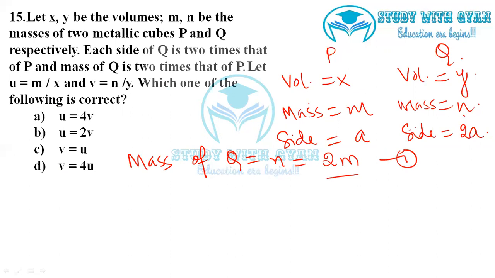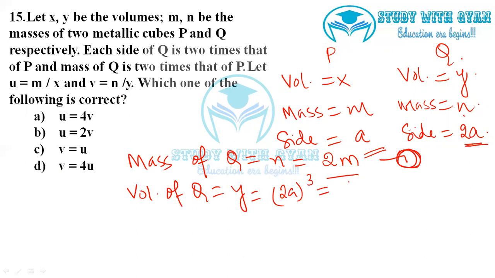This will be the first relation. After this, you can find a relation between the volumes by putting the value of their sides. How? Just see. The volume of Q, which is y, will be equal to (2a) whole cube, that means 8a cube. And the volume of P will be simply a cube, that means side cube.